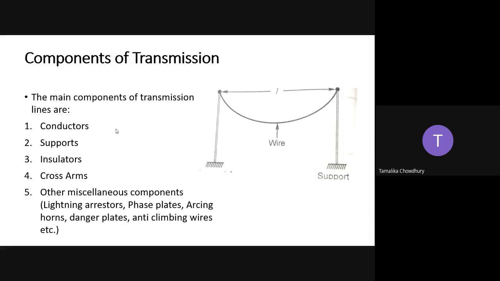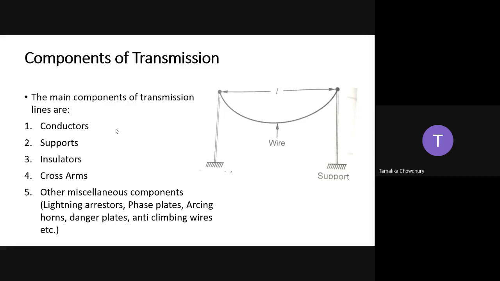Hard drawn copper. There is a thing called hard drawn and cold rolled, which you will come to know material wise. Hard drawn copper is the best and most commonly used conductor material. The conductivity of the material depends upon the percentage of impurities it contains. It has high current density.